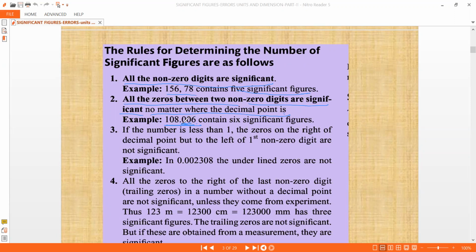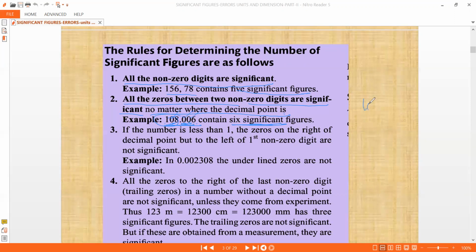108.006 contains 6 significant figures. The zero between 1 and 8 is also significant, and the two zeros between 8 and 6 also count and are significant.